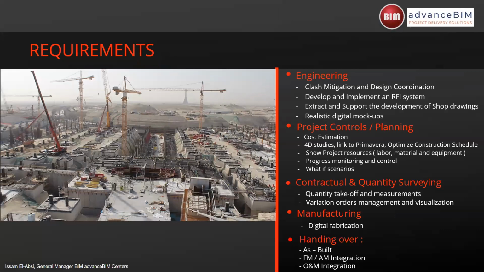In this project, the client requested BIM to be implemented contractually for the first time. So the JV that won this tender was supposed to have strong BIM capabilities and an arm to be able to implement BIM effectively from design, from engineering, through project controls, to control the contract until fabrication, and then handing over for facility management and operation and maintenance.